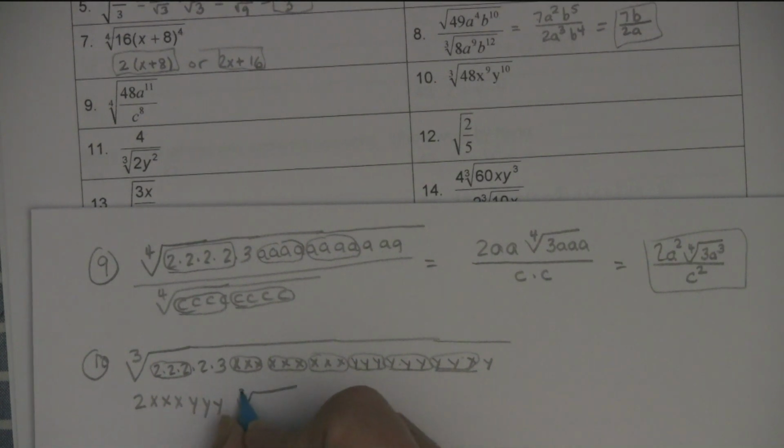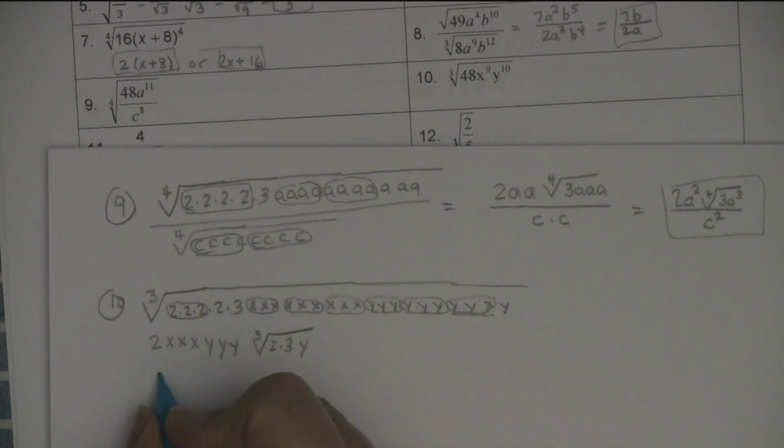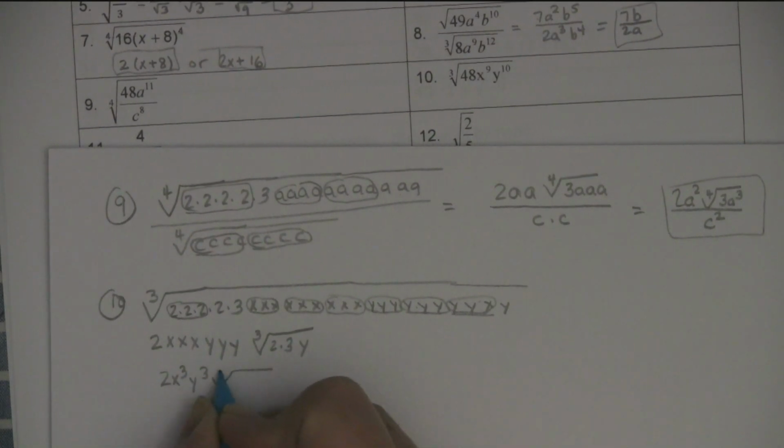So underneath the cube root, I'm going to have a 2, a 3, no x's, but a y. So long story short, that's 2x to the third, y to the third, times the cube root of 6y.